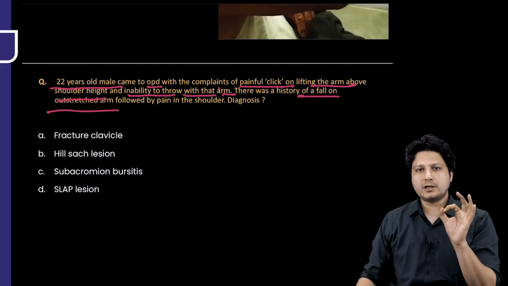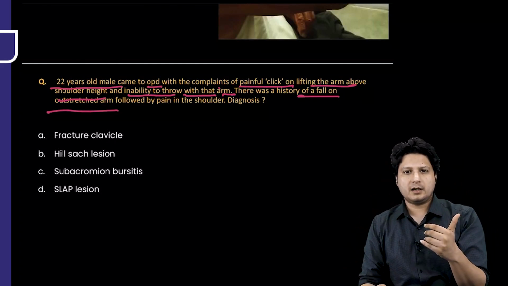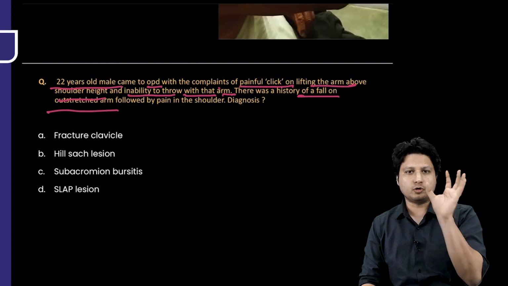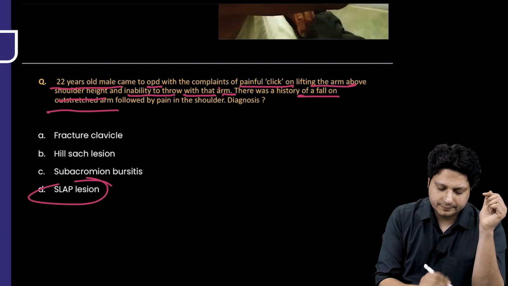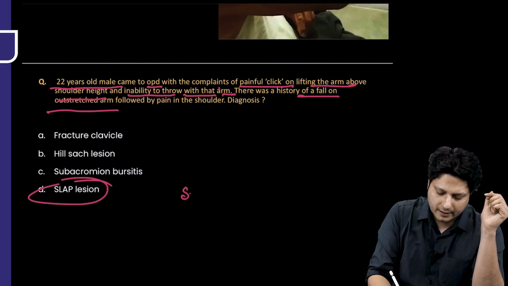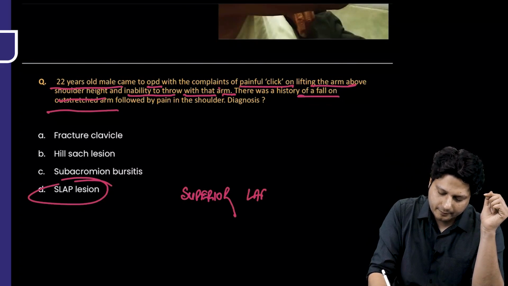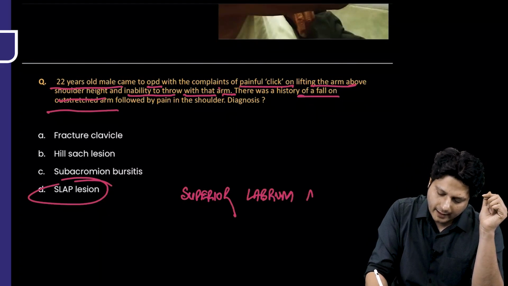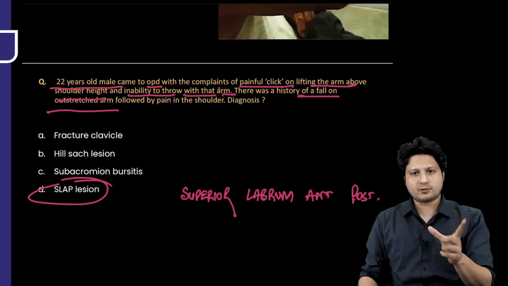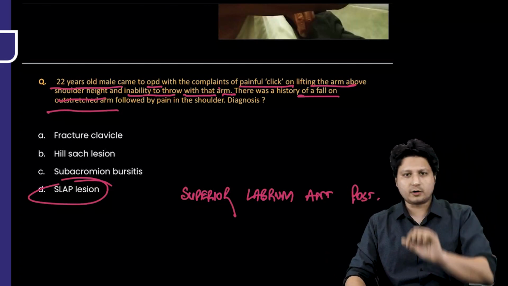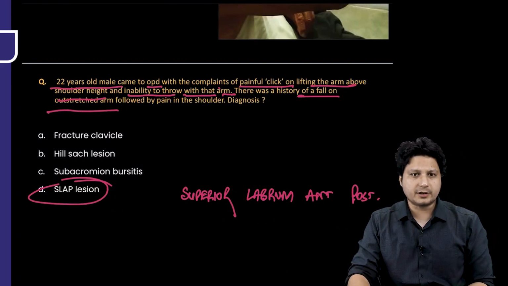You see, whenever you see the words inability to throw, for example, the patient is a cricket player and he is not able to throw the ball, that means the patient is suffering from a SLAP lesion, which is superior labrum anterior posterior. This is the full form. Actually, it is a tear in the superior part of the glenoid labrum. Alright, so it is a SLAP lesion the patient is suffering from.